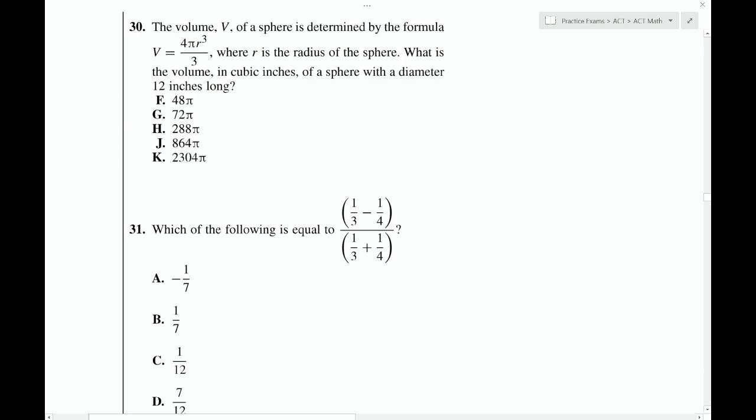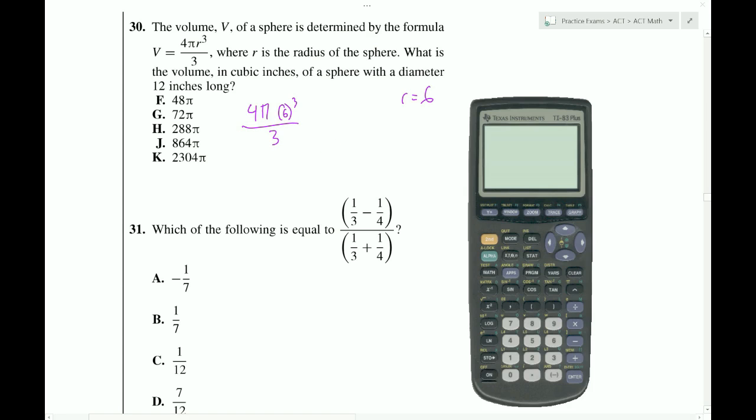The volume of a sphere is determined by this formula, where r is the radius. What is the volume of a sphere with a diameter of 12? If the diameter is 12, that goes all the way across the circle, so half of that is the radius. Radius is 6. We plug that into the formula: 4 pi 6 cubed over 3.